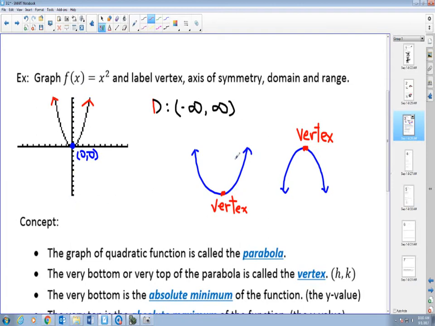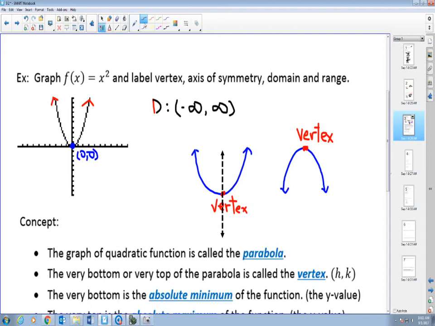Okay, so here on the side, I'm gonna draw this for you. If I have a parabola where the vertex is not at the origin, then the axis of symmetry will be a vertical line that passes through the vertex.